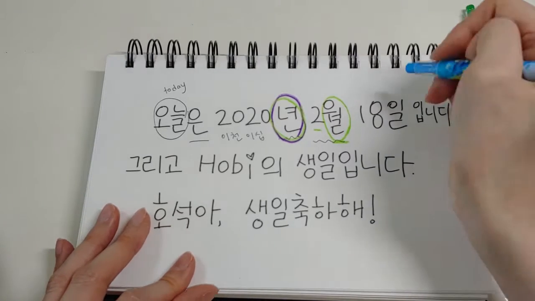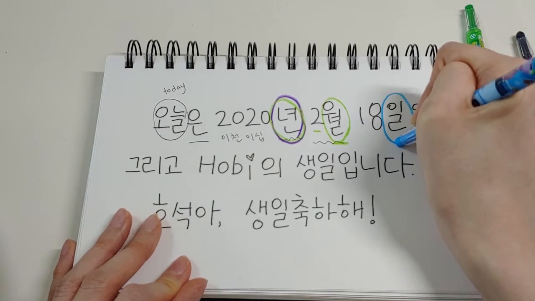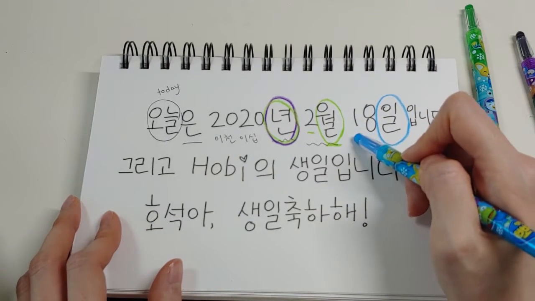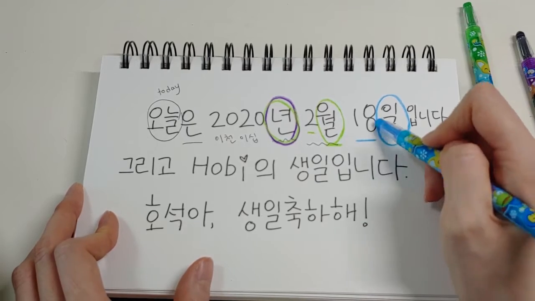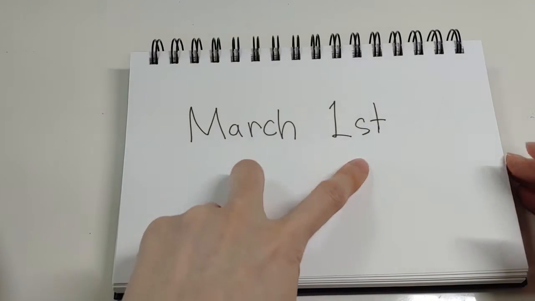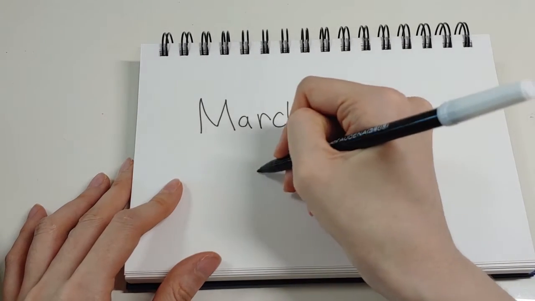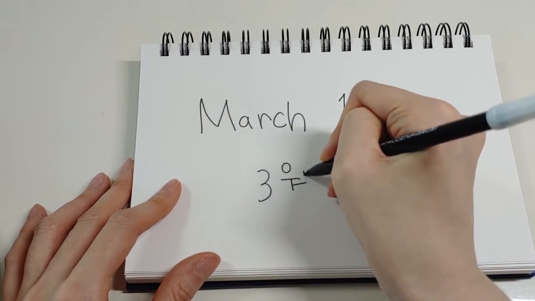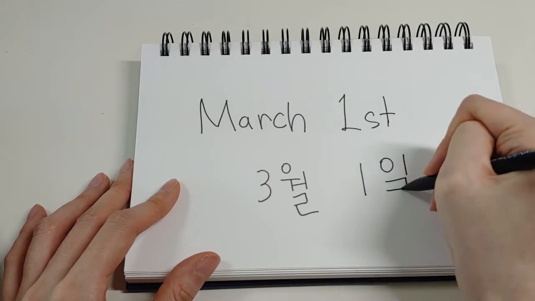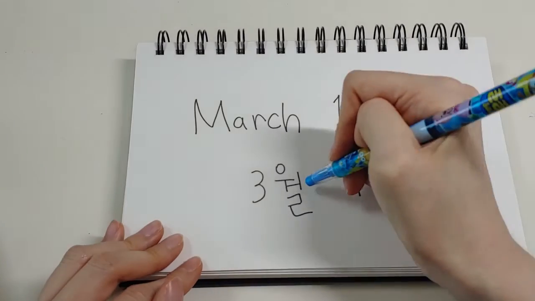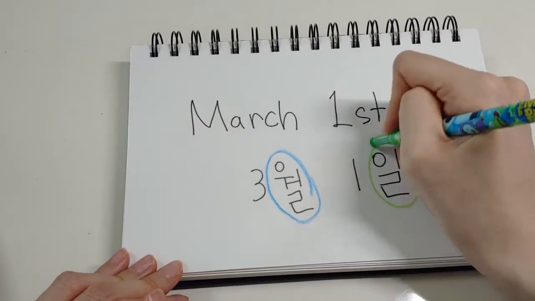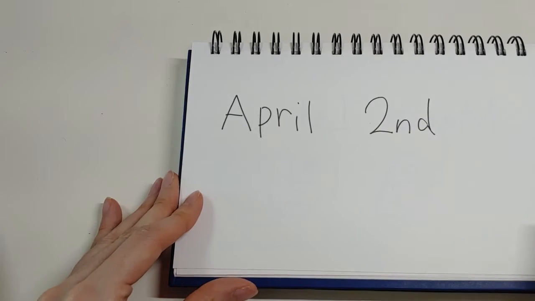And let's move on to days. So saying day is also quite simple. You just put the number of today's date and put 일 next to it, which is a unit word for day. So March 1st in Korean would be 3월, right? And 1일. Again, this is the unit word for month, and this is the unit word for day. How about April 2nd?